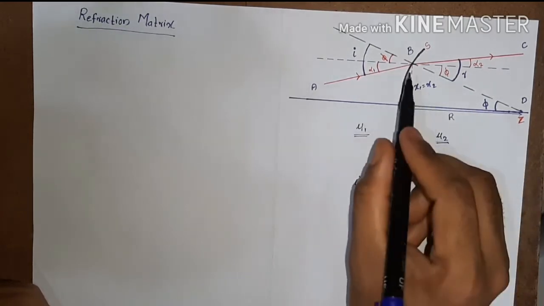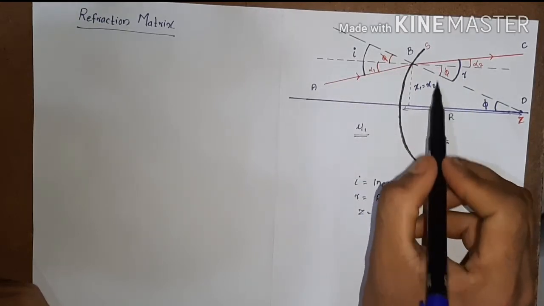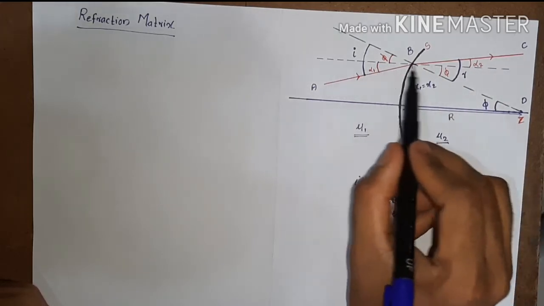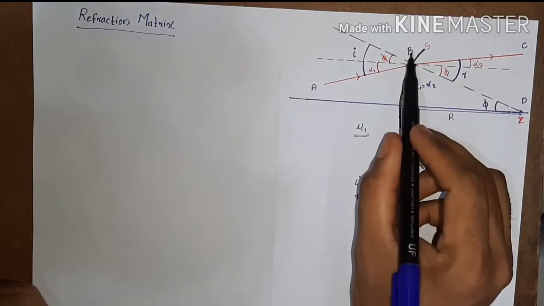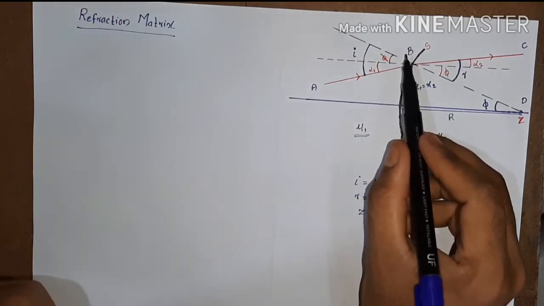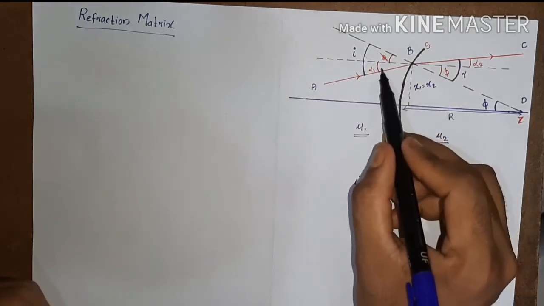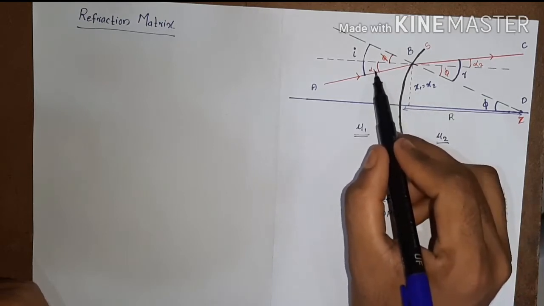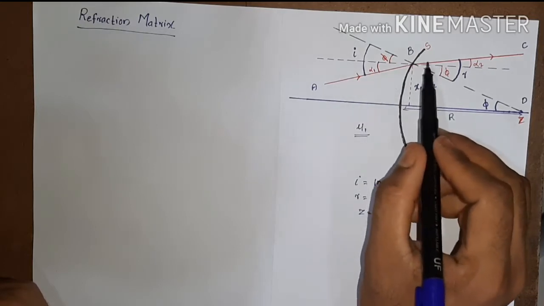This dotted blue line is a parallel line of the optical axis, so it can be considered as the optical axis itself at point B, or this dotted blue line represents the optical axis through the point B. Now this incident light ray makes an angle alpha 1 with the optical axis.